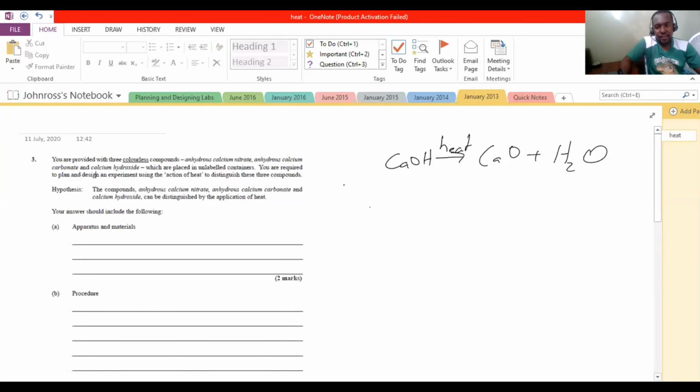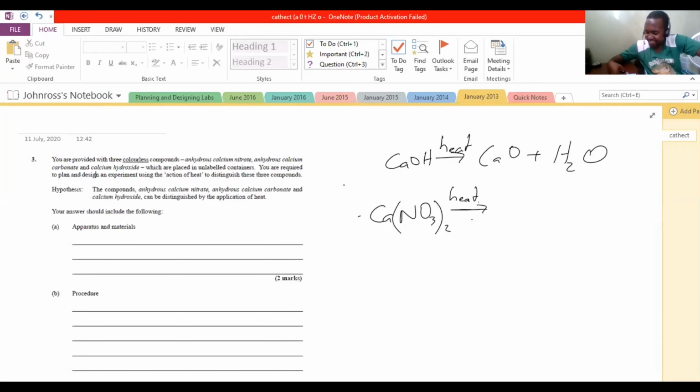And then let's look at the calcium nitrate. When we heat anhydrous calcium nitrate, what do you think will be produced? Nitrogen dioxide. What's that? Calcium oxide, nitrogen dioxide, and oxygen gas.